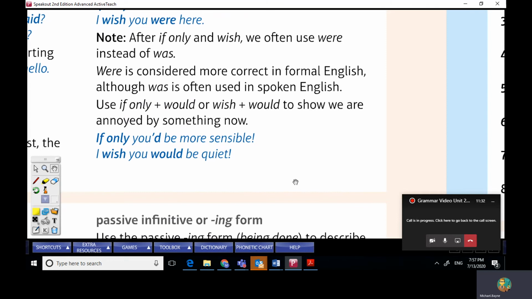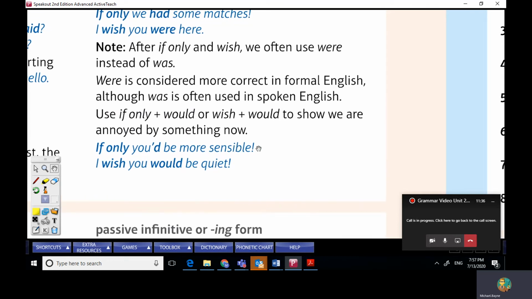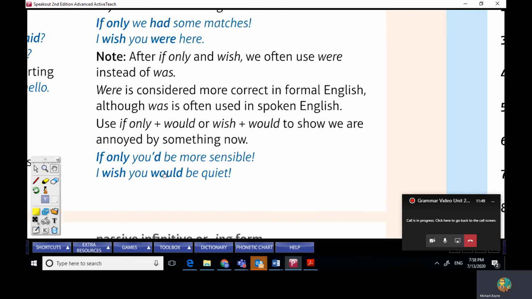If only you'd be more sensible. Okay, that means that I want you to change because you're not very sensible. That's very annoying that you're not sensible. I wish you would be quiet. Okay, I want you to change now because you're too noisy and you're annoying. So we use that I wish with would to express that annoyance.